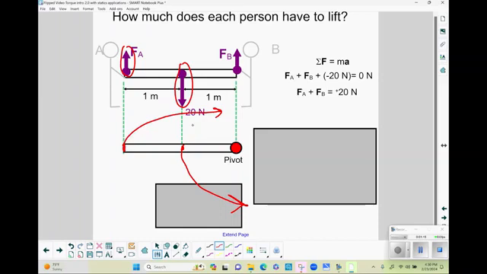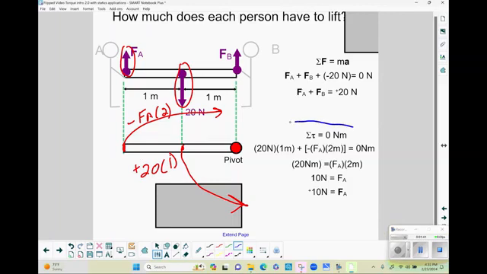This means the torque created by FA would be negative FA times 2 meters, while the torque created by gravity would be 20 newtons times 1 meter, and in this case it would be a positive because that's the one that is going counterclockwise.